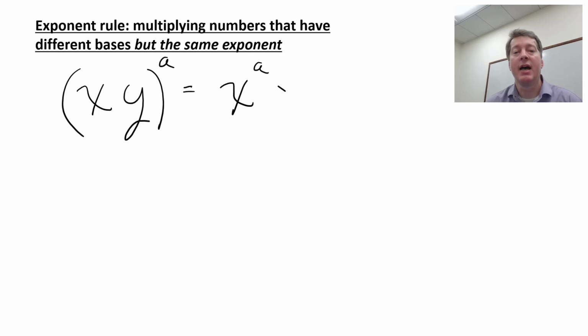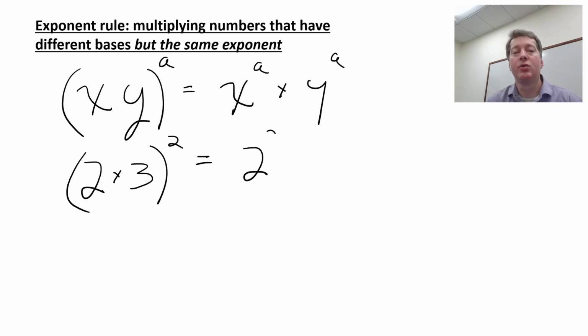Suppose the numbers you're multiplying together have different bases, but the same exponent. So suppose you had x times y, all raised to the power of a. That is the same thing as x to the a times y to the a. So if I had 2 times 3, squared, that is the same thing as 2 squared times 3 squared.